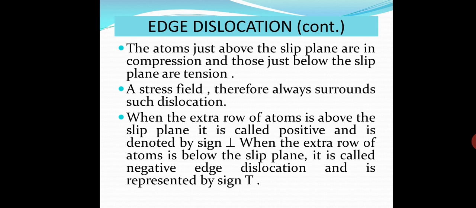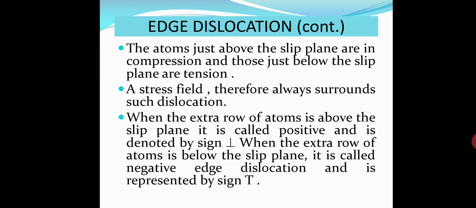So in edge dislocation, the atoms just above the slip plane are in compression, and those just below the slip plane are in tension. So a stress field surrounds this dislocation.